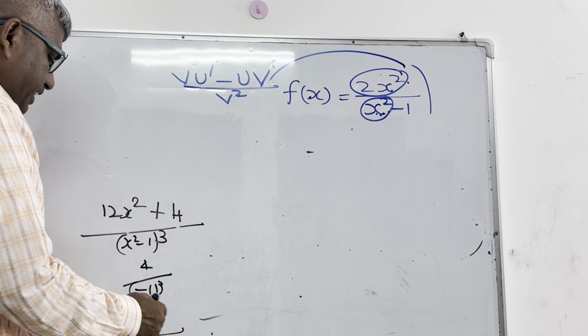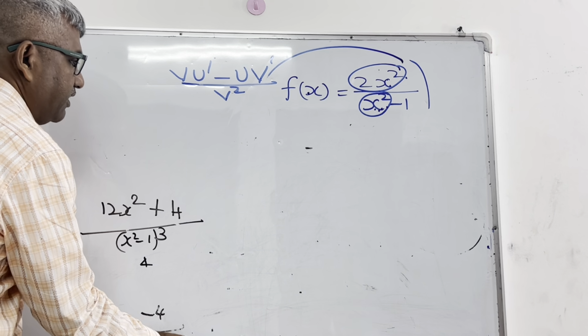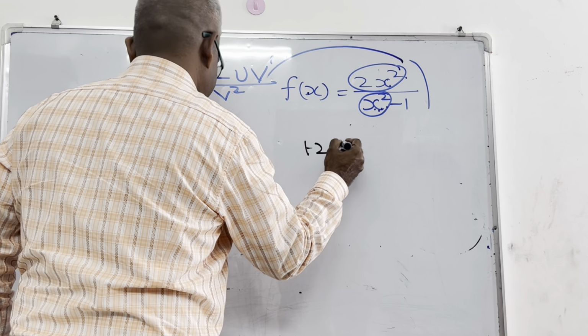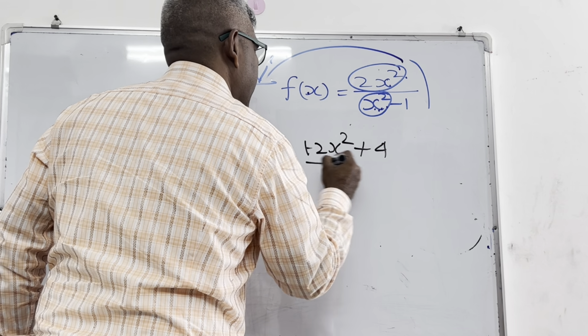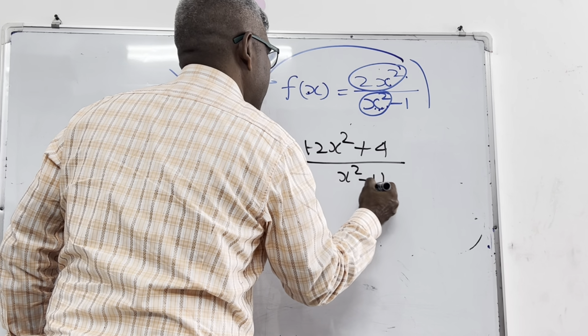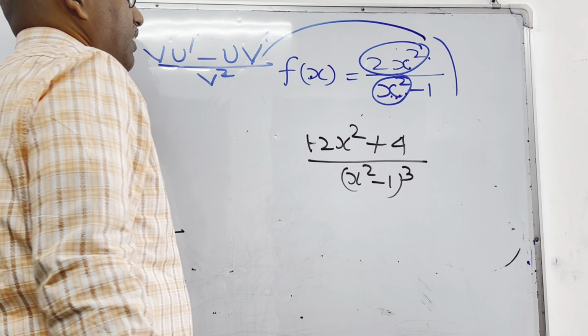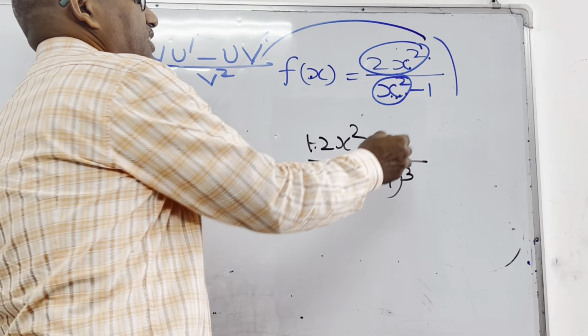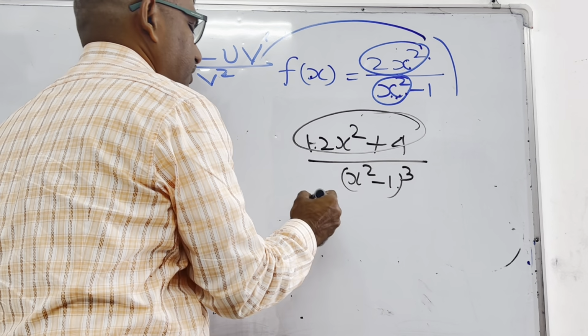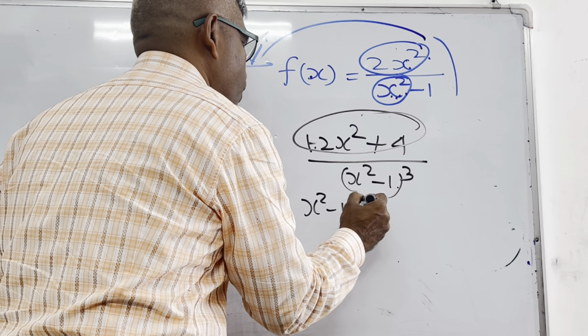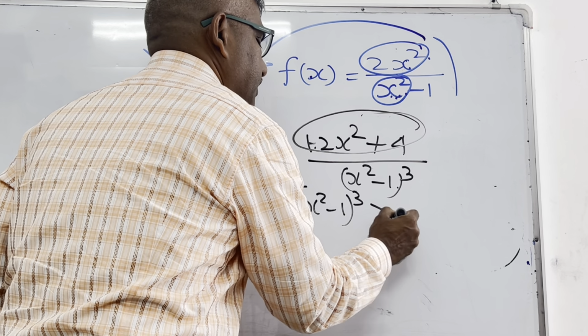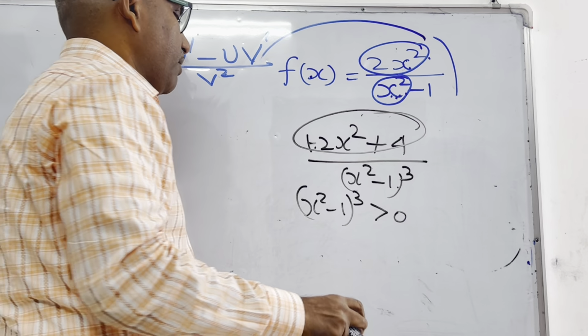Concavity up is when f double dash x is positive, 12x squared plus 4 over x squared minus 1 cubed. When is it positive? The numerator is always positive. So when x squared minus 1 cubed is positive, f double dash is concavity up.